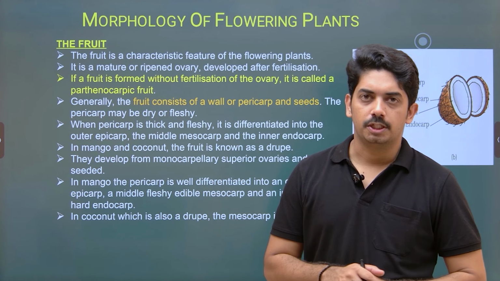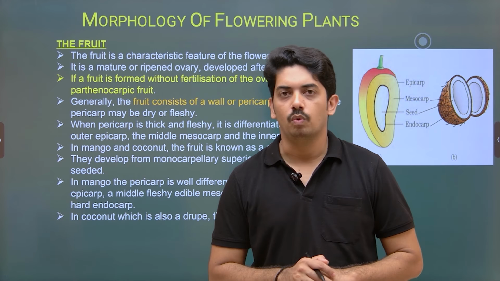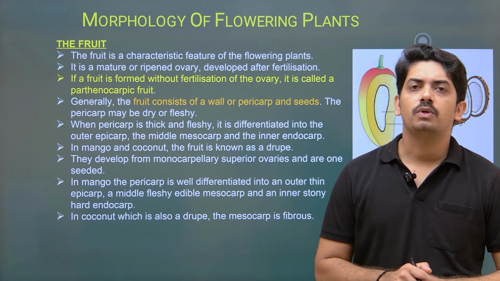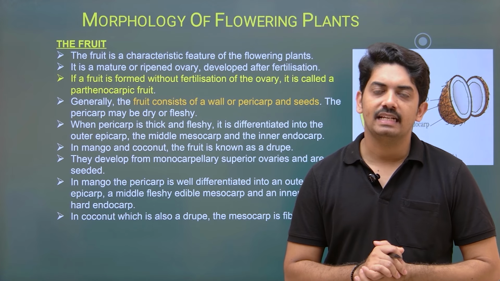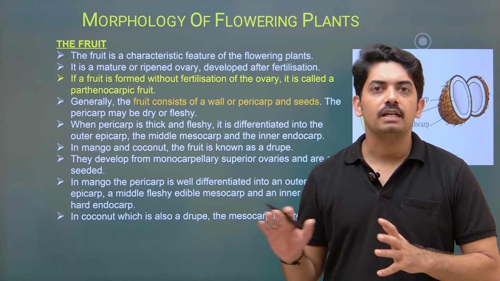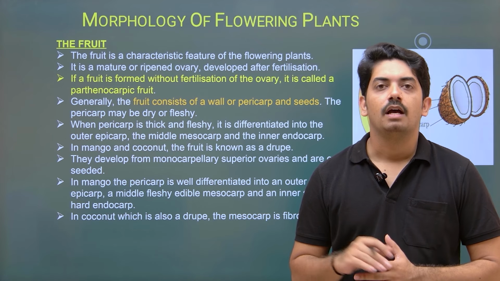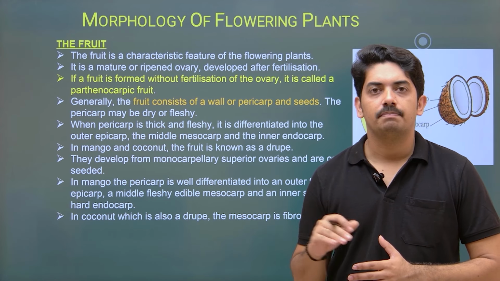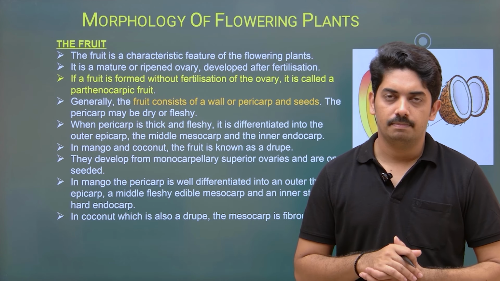Coming to fruit, fruit is nothing but the fertilized ovary. Now, there are so many types of fruit: fleshy fruits, dry dehiscent fruits, dry fruits. But in a typical fruit, we observe three regions: outer pericarp, middle mesocarp, and inner endocarp.